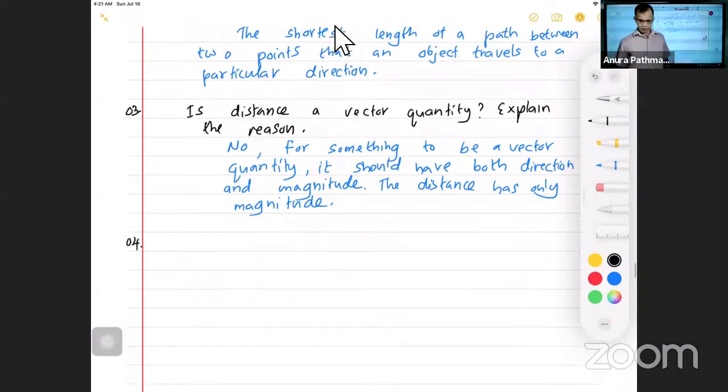So my next question: an object traveled 150 meters in the following way.